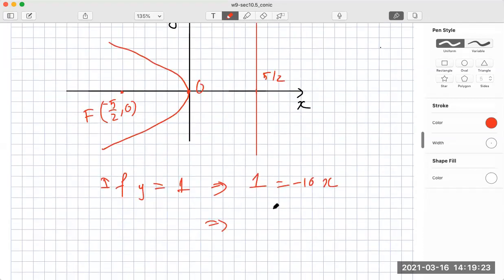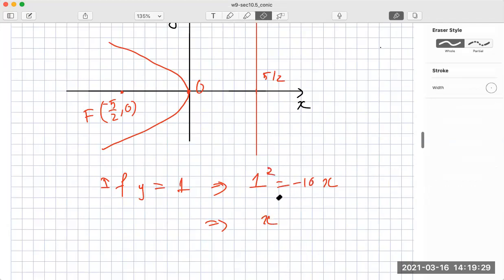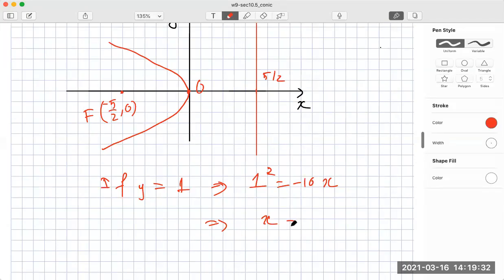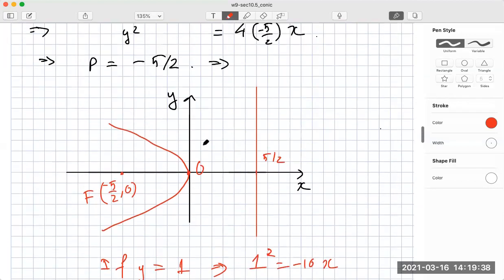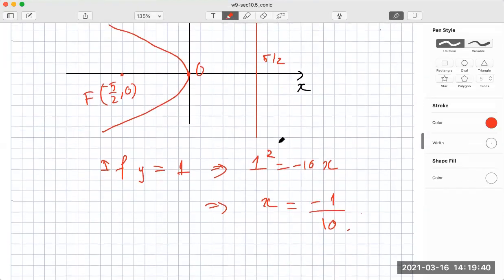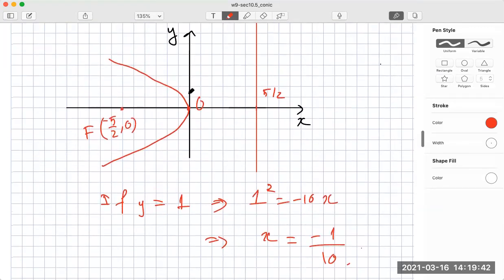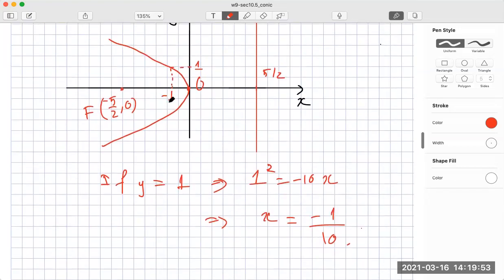Therefore x will be -1/10. It means that if y is equal to 1, the point is right here. Here it should be -1/10.